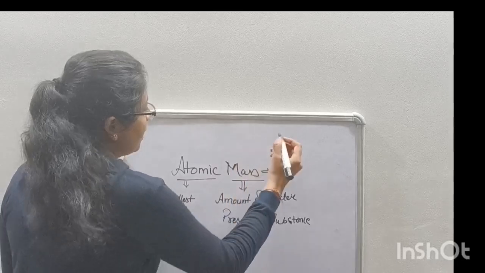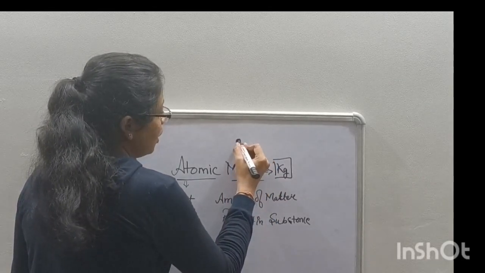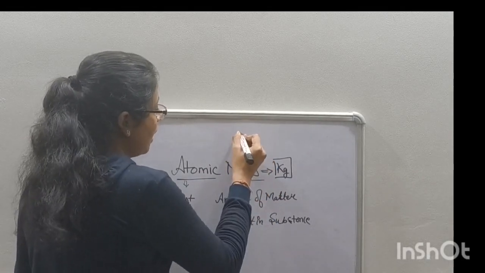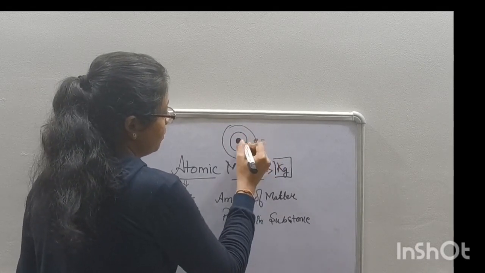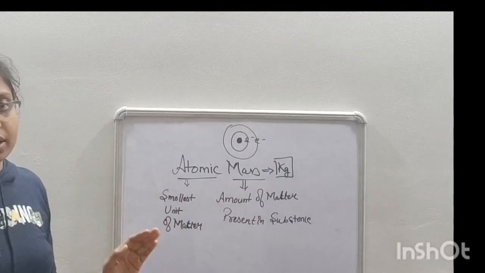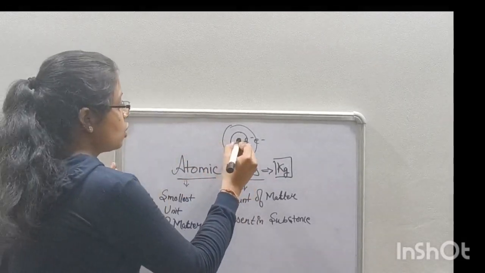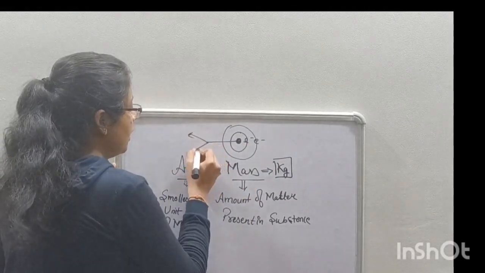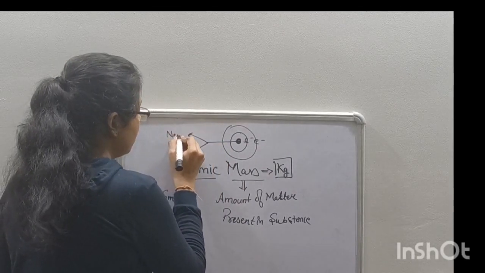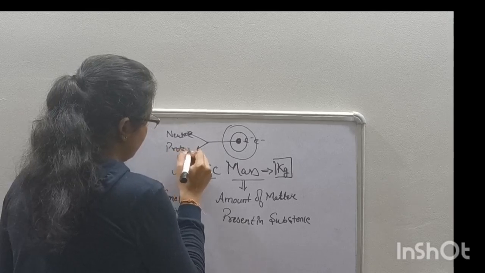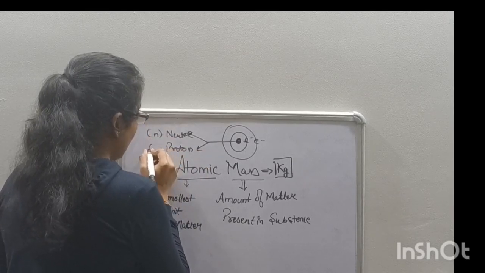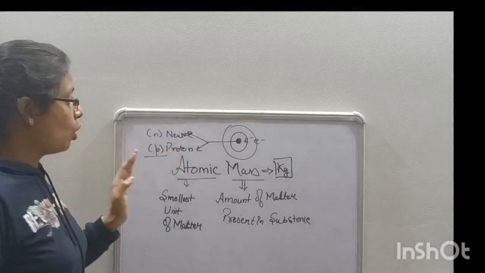We know that an atom consists of a nucleus at the center and around that nucleus there are electrons revolving.